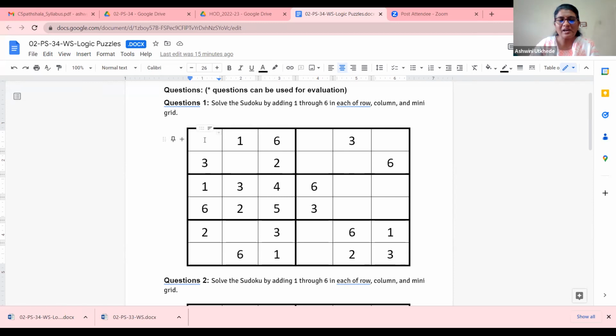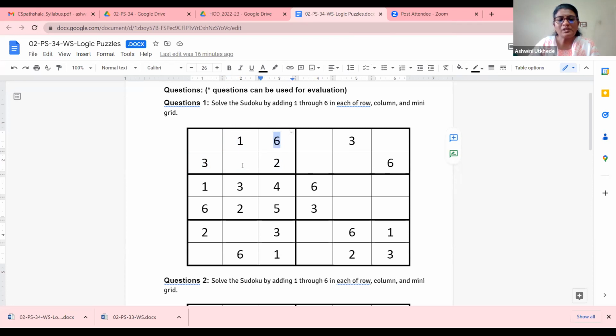We will start with the left topmost mini grid, where we already have 4 numbers and 2 of the cells are blank. Those are to be filled with numbers. Which numbers do we have in this mini grid? We have 1, 2, 3, and 6, while 4 and 5 are missing.